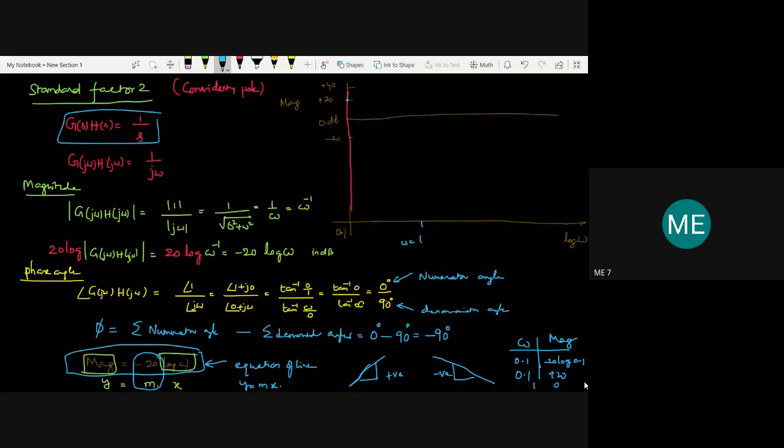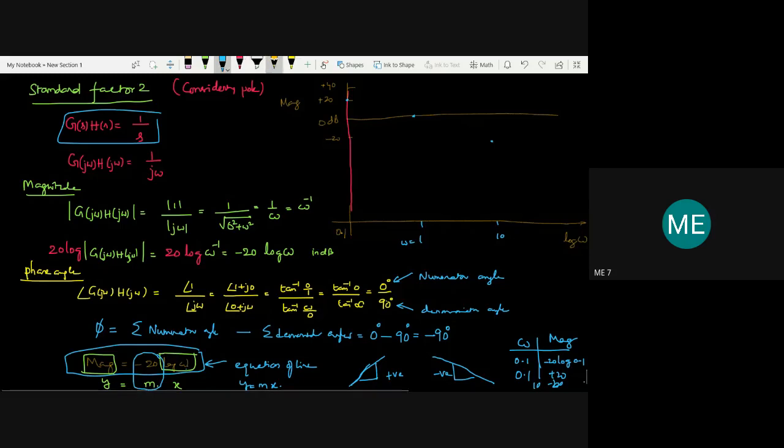So at 1, it will be 0 dB. Then I calculate the magnitude at ω equal to 10. Log 10 base 10 is 1, so at 10 it will be minus 20.